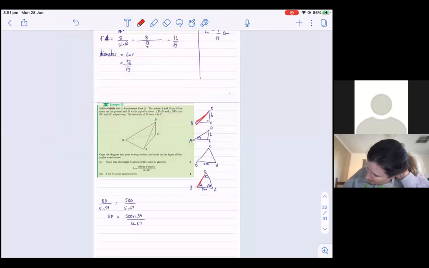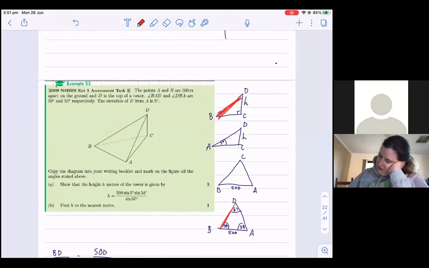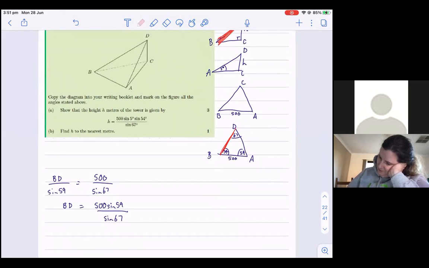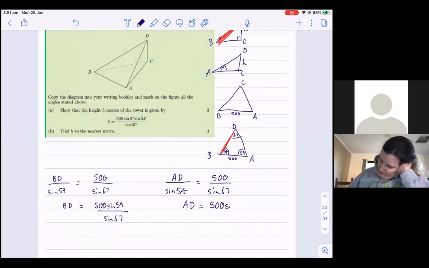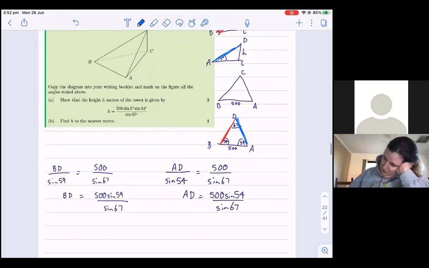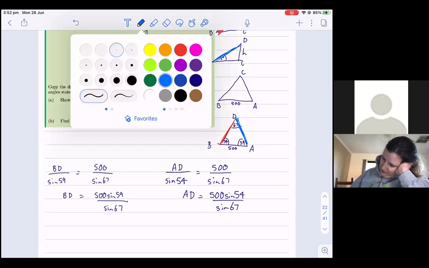That's not very useful though, because that's not the one with the 5 degrees in it. So let's do the same for AD. We know AD on sine 54 is 500 on sine 67. So AD equals 500 sine 54 on sine 67. Okay. So now we've got a bit more information. So let's draw this other triangle again.